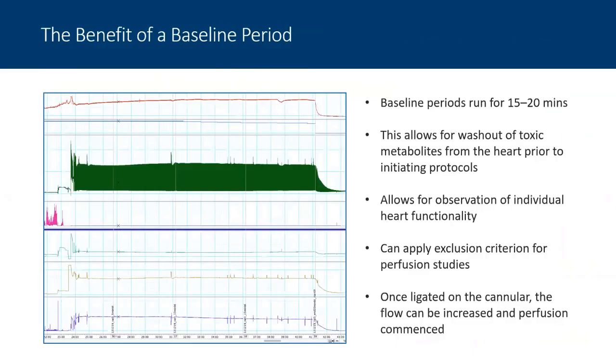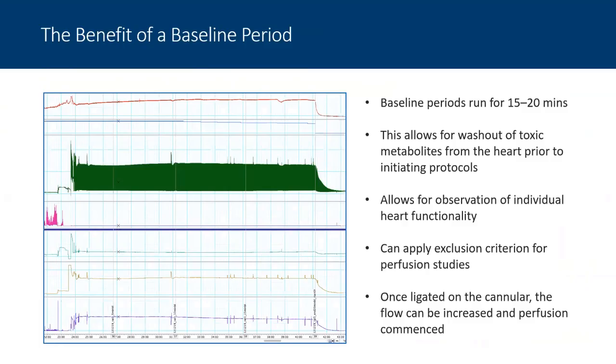Okay, so we always use a baseline period, and these baseline periods traditionally run for 15 to 20 minutes. This allows for the washout of the metabolites that are being produced from that small ischemic insult when the heart is being excised. And those metabolites can actually be toxic to the heart once it's being properly perfused.